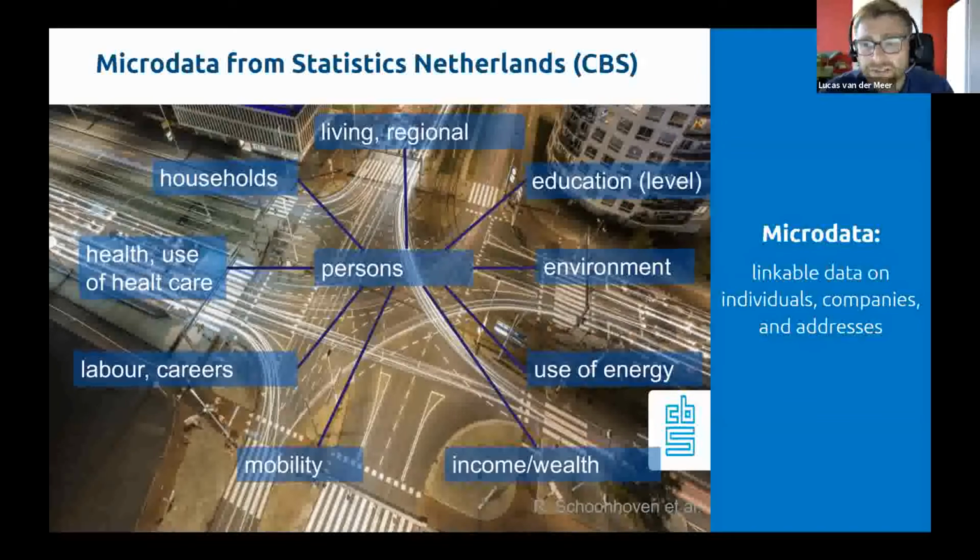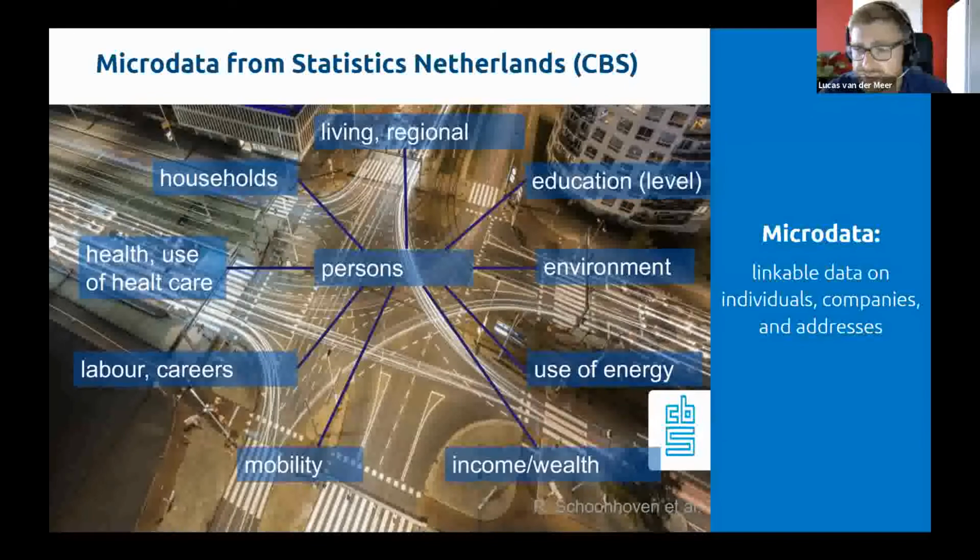These microdata are provided to Statistics Netherlands by a large variety of other governmental organizations. The scope of Statistics Netherlands, the statistics they create, is somewhat bigger than in other countries. It's quite a large organization.